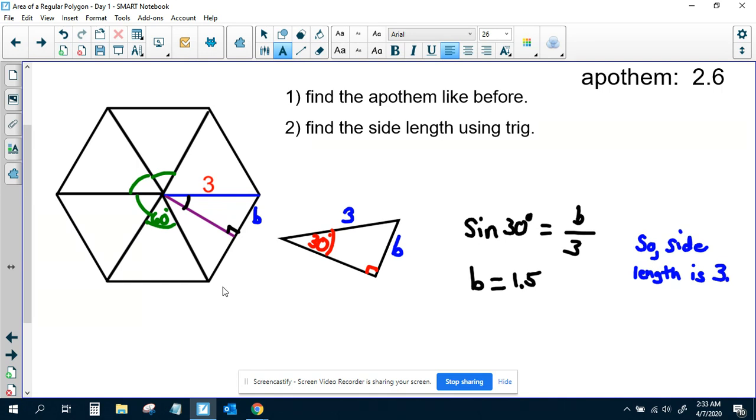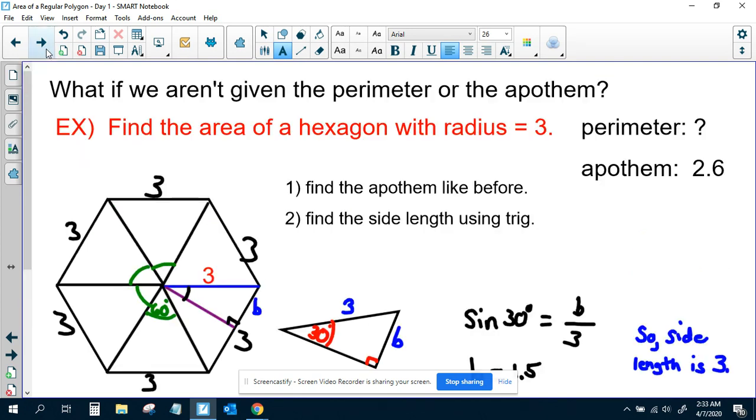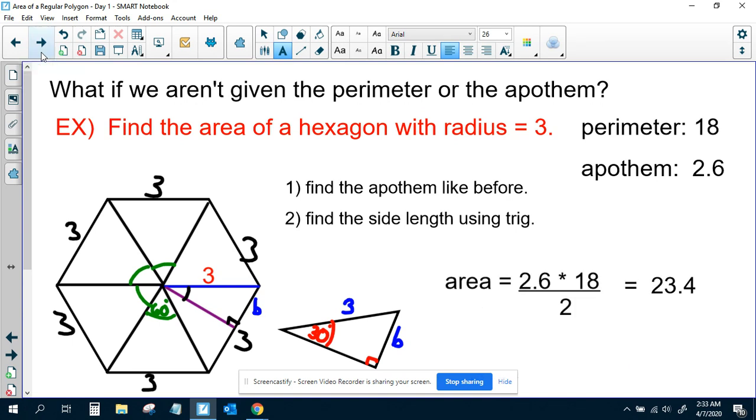We needed to get the side length so that we can get our perimeter, which is easy enough because if the side length is 3 and we have 6 sides, we're going to multiply 6 times 3, and that's going to give us a perimeter of 18. Almost there. Last part.